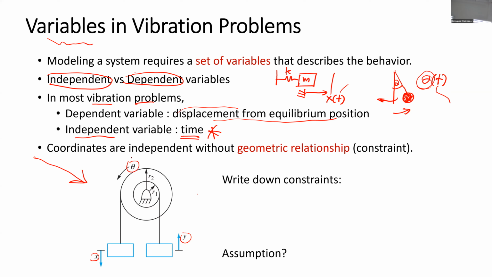How many coordinates can we see in this system? 2. One more time. Okay, maybe 2 may be correct, 3 may be correct.